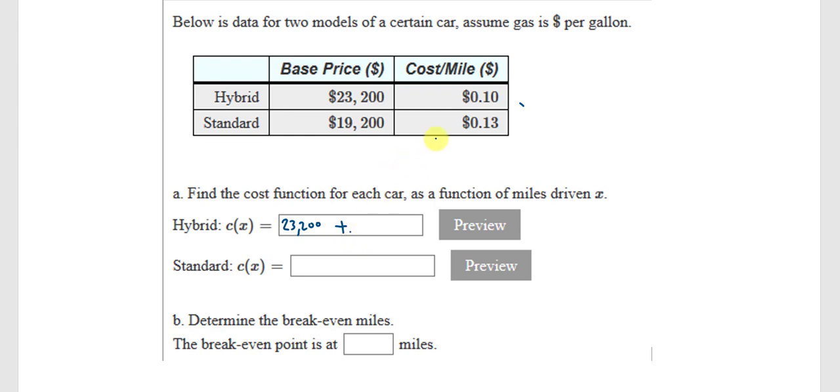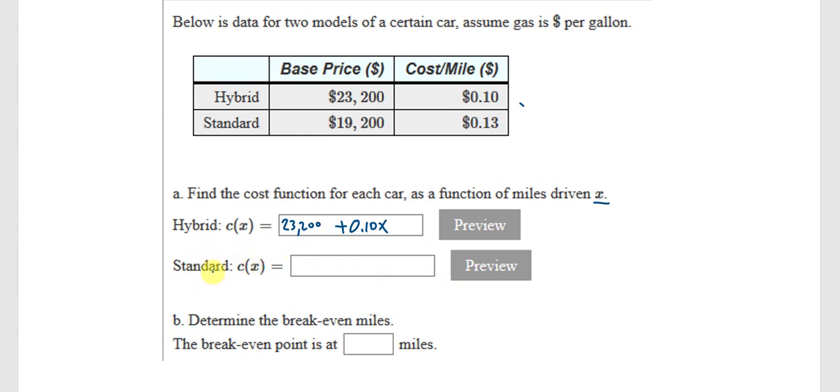And then the cost per mile: each mile that you use the car costs you 10 cents. So C of x is the function with respect to x, and x is the miles that you drive. For each mile x, you pay $0.10, or 0.10x.